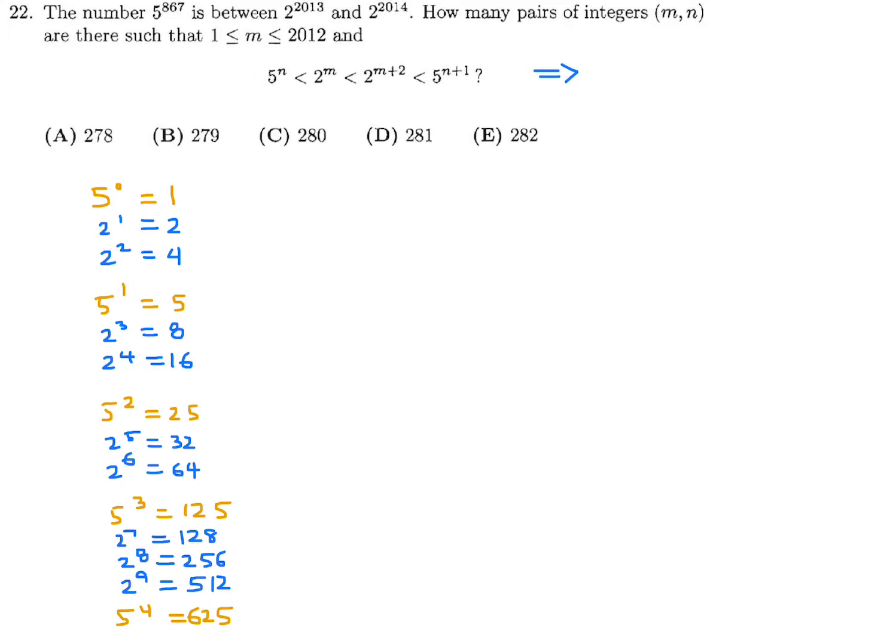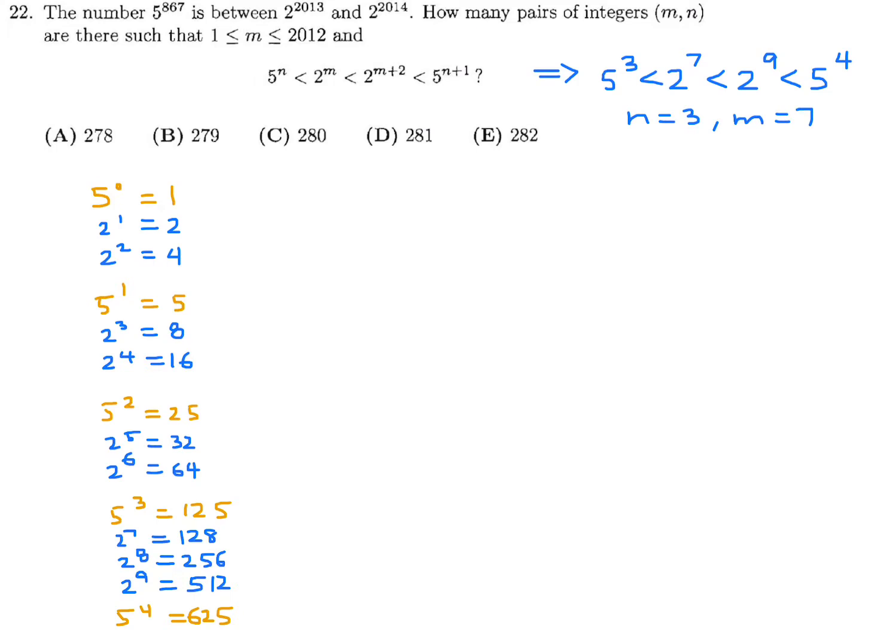So when n is 3, we have 5 to the power of 3, and that's less than 2 to the power of m, with m being 7, and that is less than 2 to the power of m plus 2, which is 9, and that is less than 5 to the power of n plus 1, which is 4. And as you can clearly see, that is illustrated right there. So in this case, my n was 3 and my m was 7. So here's one such pair that satisfies that.